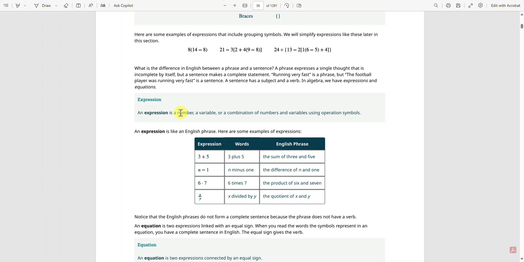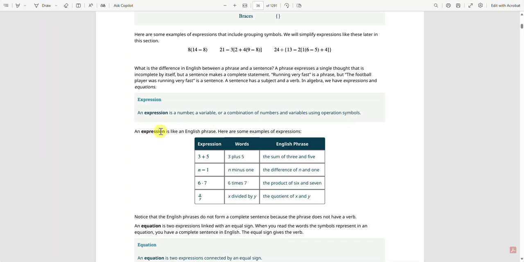An expression is a number, variable, and remember, we learned the definition of a variable earlier in this section. It's a letter that's used in place of a number that may change. An expression is a number, a variable, or a combination of numbers and variables using operation symbols.